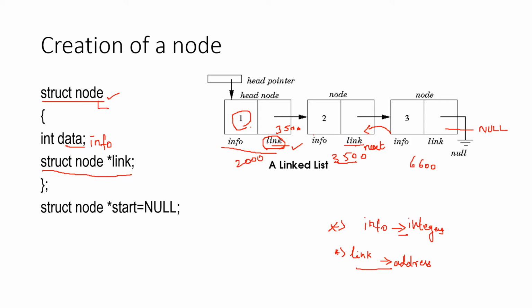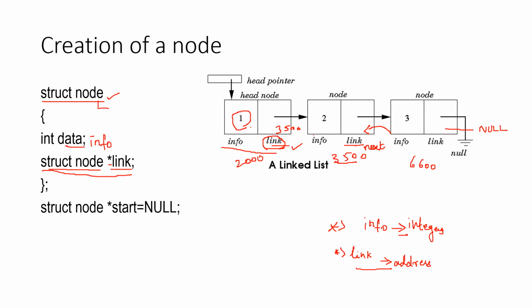Why am I mentioning asterisk? Because link is a pointer variable. Why am I writing struct node? Because it's pointing to another node, so definitely the data type of the link will also be node only. That's why we have written it as struct node.